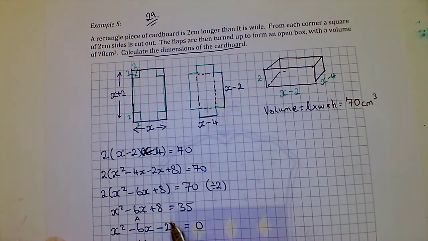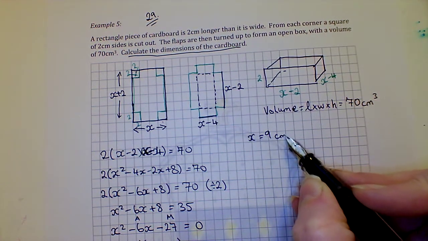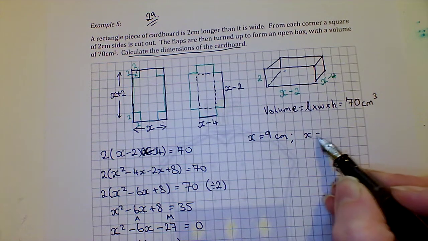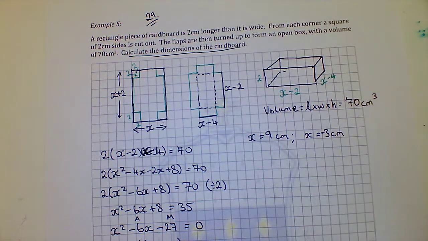And we look for 2 numbers that add to give us minus 6 and multiply to give us minus 27. And 3 and 9, minus 9 and plus 3. So either x is equal to 9 centimeters or x is equal to minus 3 centimeters.